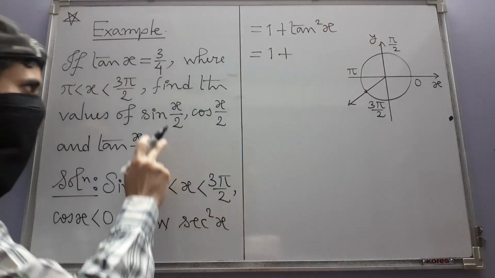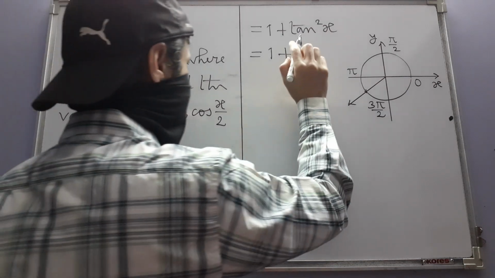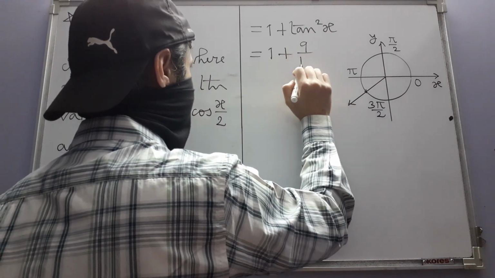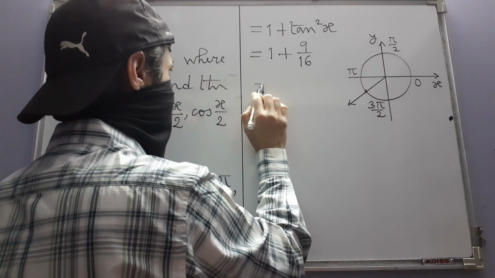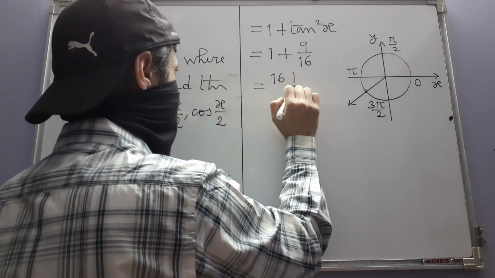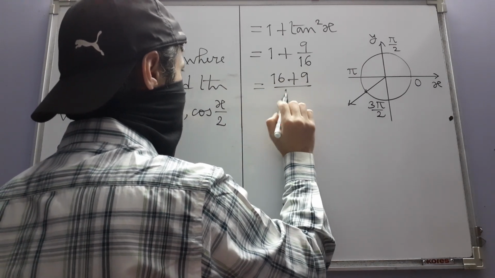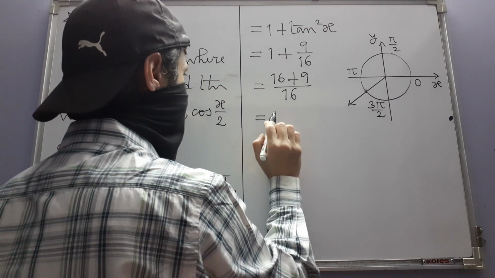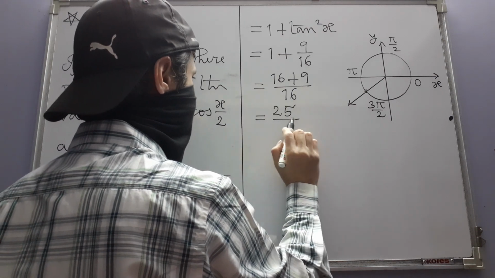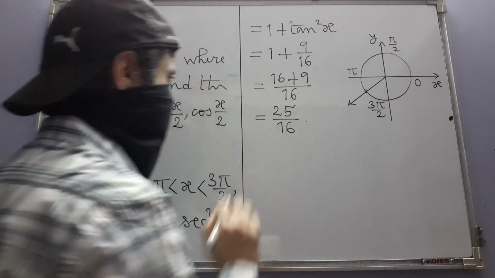So if you substitute the value 3 over 4, you get 1 plus 9 over 16. So this is 25 over 16.